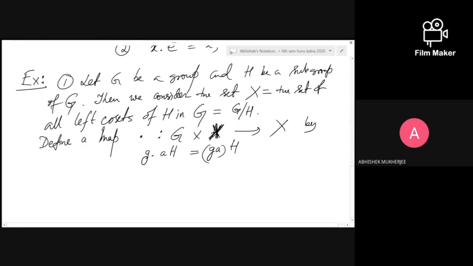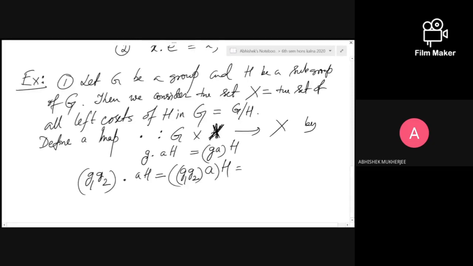Now for condition 1, we consider two elements from the group G, g1, g2. Then g1 g2 dot aH will be g1 g2 aH.